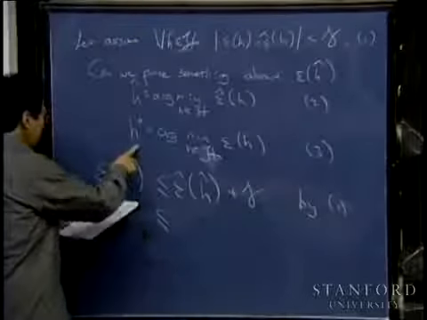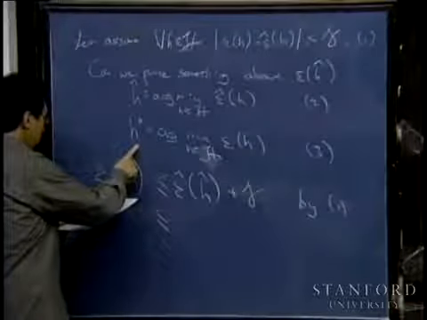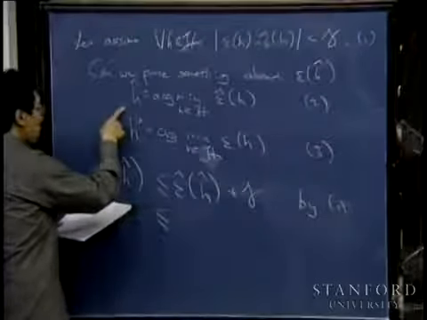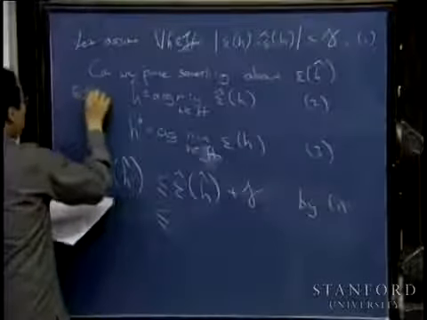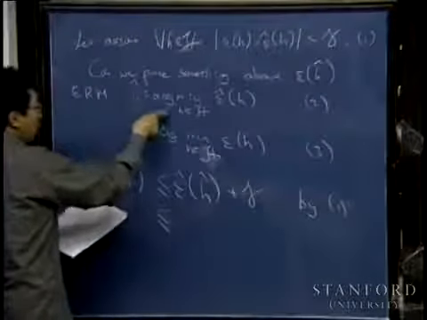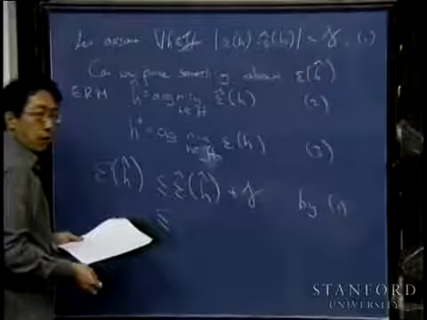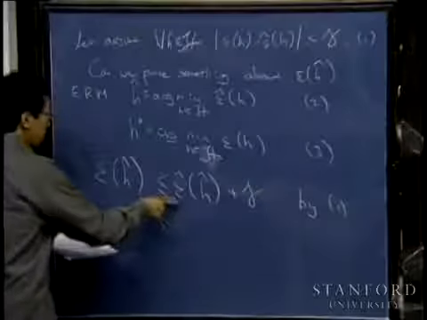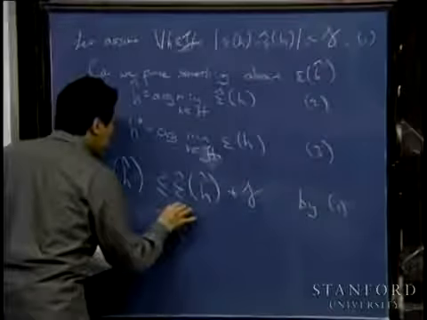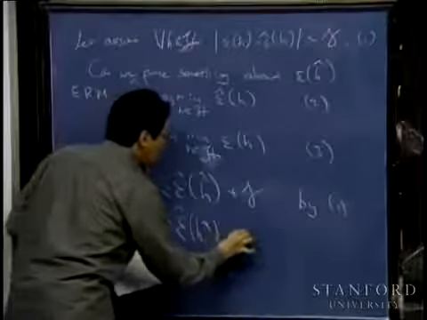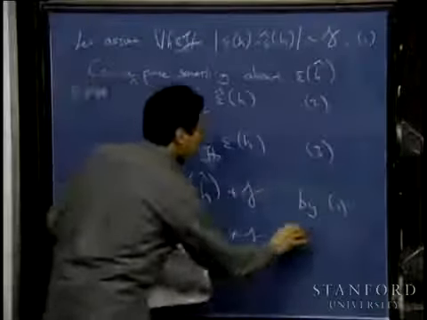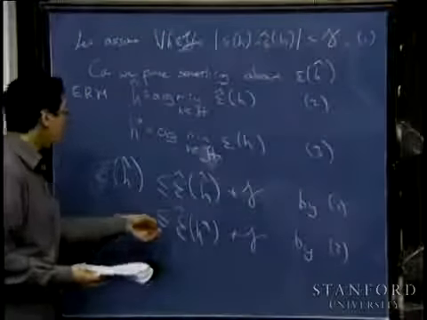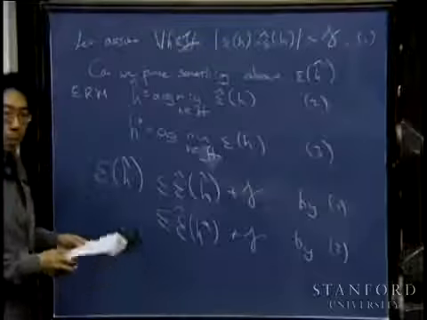Now, by the definition of empirical risk minimization, H hat was chosen to minimize training error, and so there can't be any hypothesis with lower training error than H hat. So the training error of H hat must be less than or equal to the training error of H star. So this is by 2, by the definition of H hat as the hypothesis that minimizes training error.